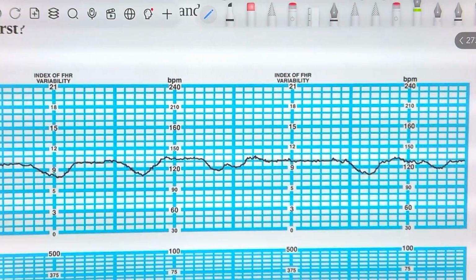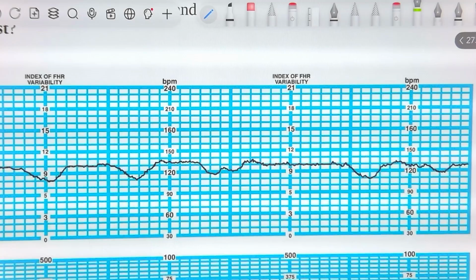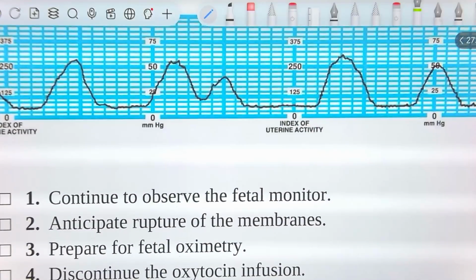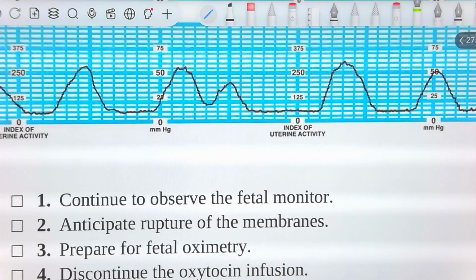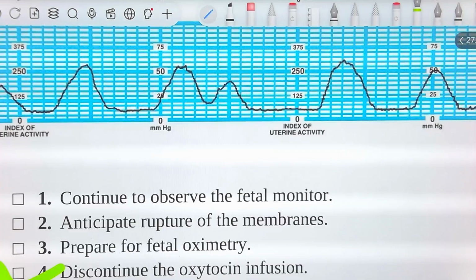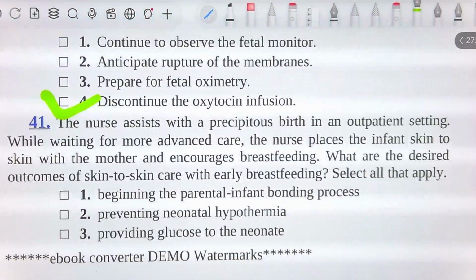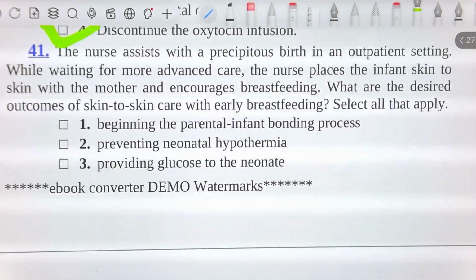So, see these strips. इससे हमको क्या पता लगता है? These show late decelerations. So what we need to do? You have four options. We have to discontinue the oxytocin infusion in this condition if we have late decelerations. So let's see the next question.